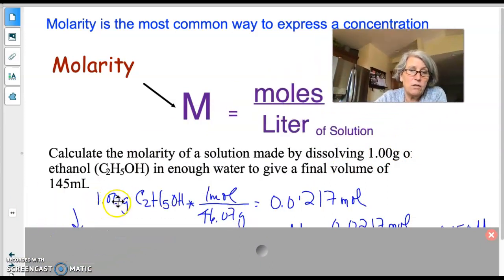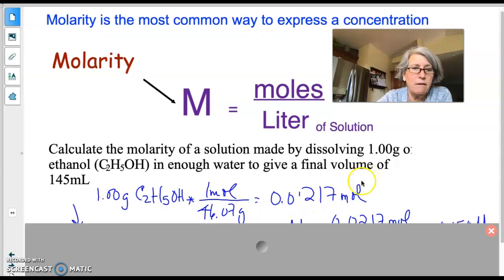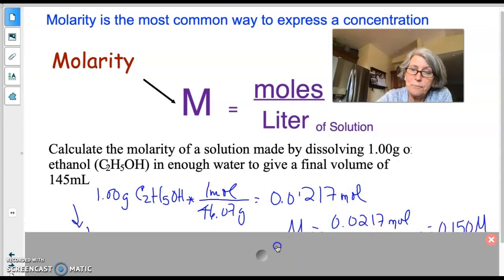So you notice I took my 1 gram of ethanol. The molar mass of ethanol is 46.07 grams. Grams go on the bottom, 1 mole goes on top, and then that would equal 0.0217. Now, this would be the moles that would go in the numerator, right? But then in the denominator has to be liters.